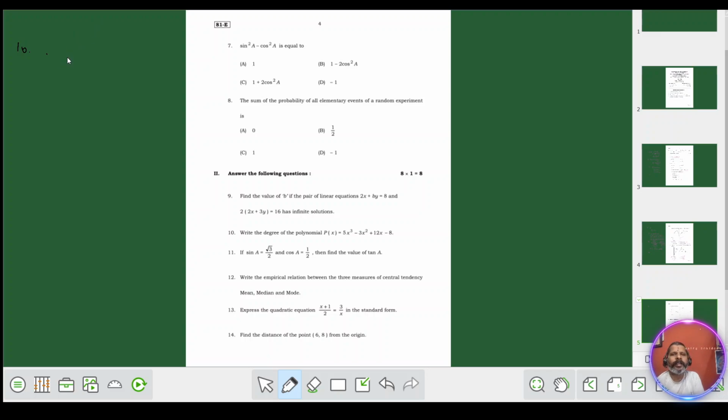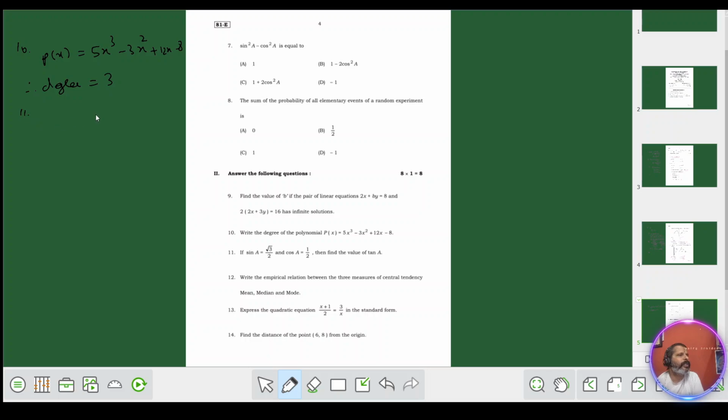The degree is nothing but the highest power of the variable involved in it. P of x is equal to 5x cube minus 3x square plus 12x minus 8. Therefore, degree is 3. Since it's a single variable polynomial, the highest power of the variable is its degree.